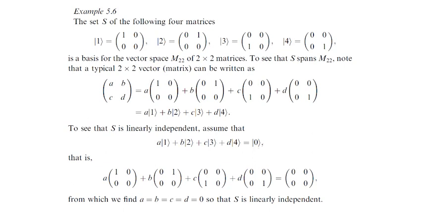So these are 4 linearly independent vectors in terms of which you can write any 2 by 2 matrix in this vector space. So these are the base vectors in the M22 vector space.